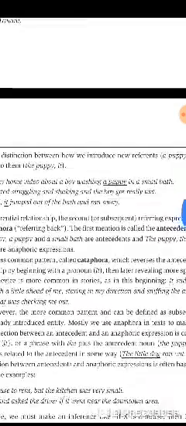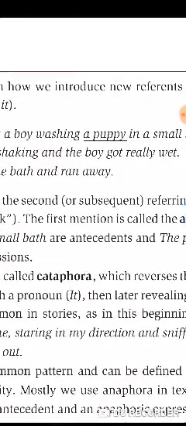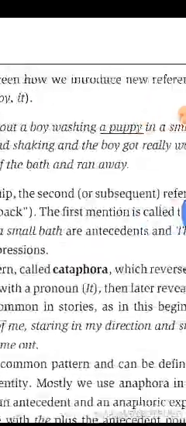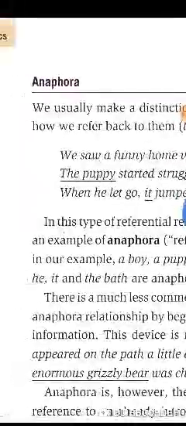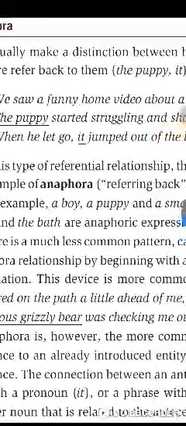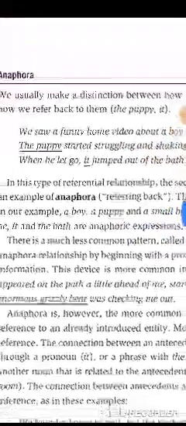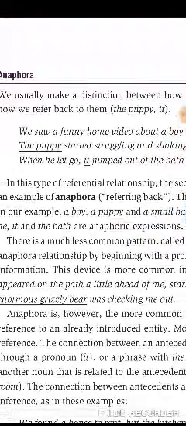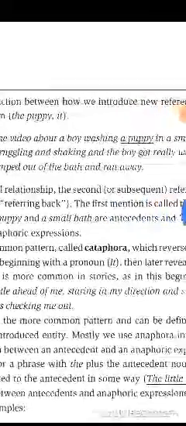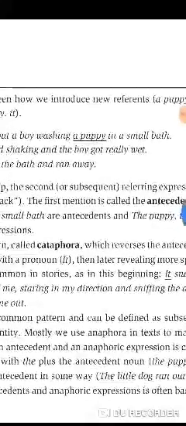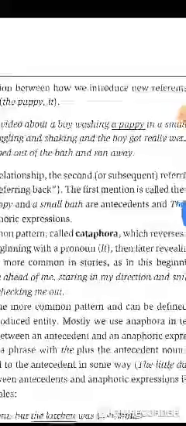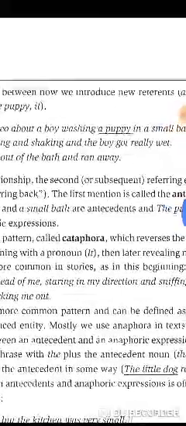Okay? Why? In the context, it's like this. Why? First, we do not know it. We say a puppy. Later in our text, we know that we already have used it. Instead of a puppy, we say the puppy. Or it. Okay, let us read this line. We saw a funny home video about a boy washing a puppy in a small bath. Now, let's see. We have used the word a puppy.